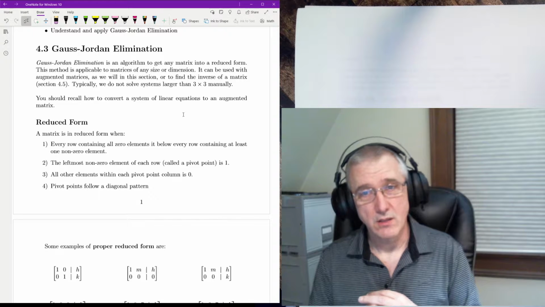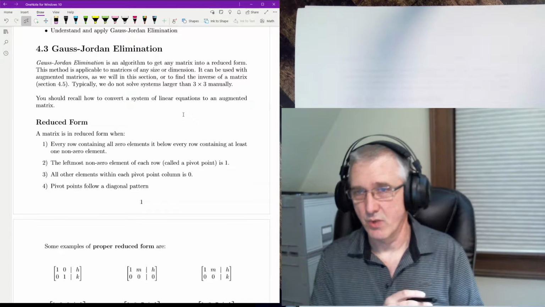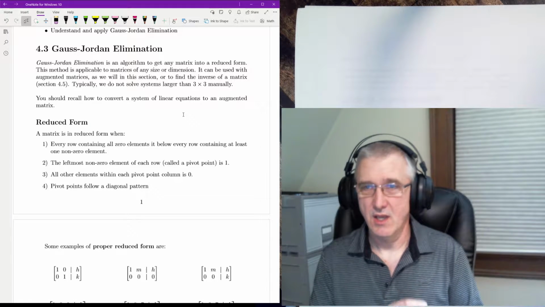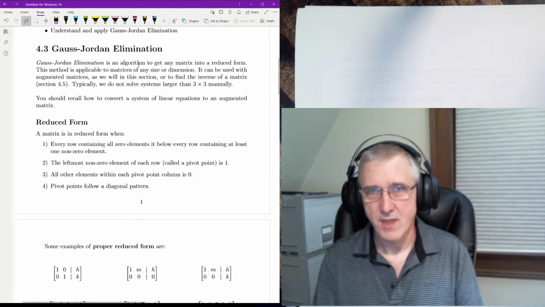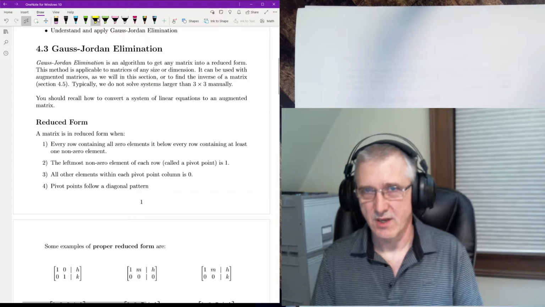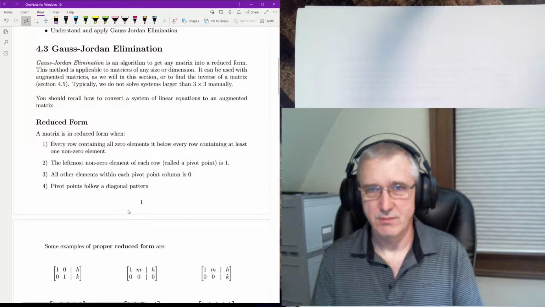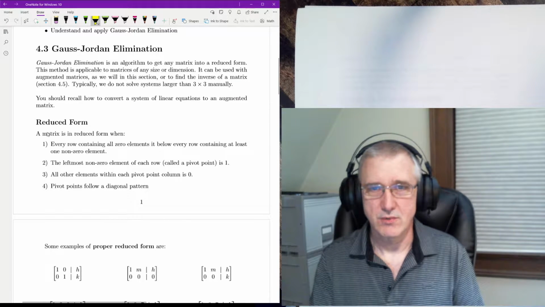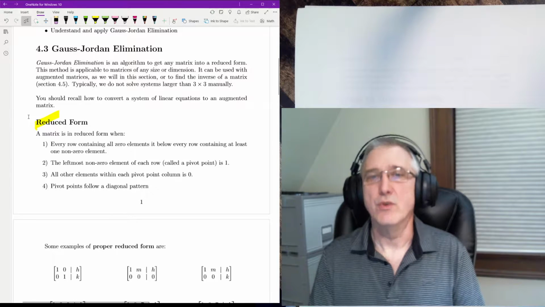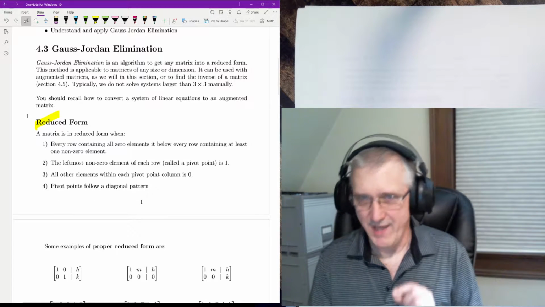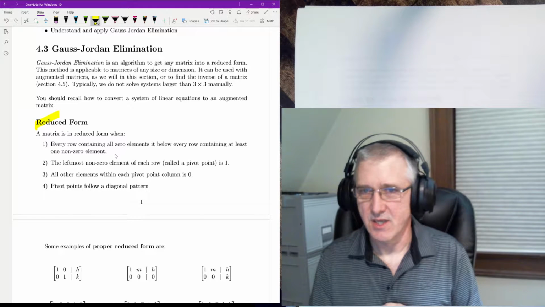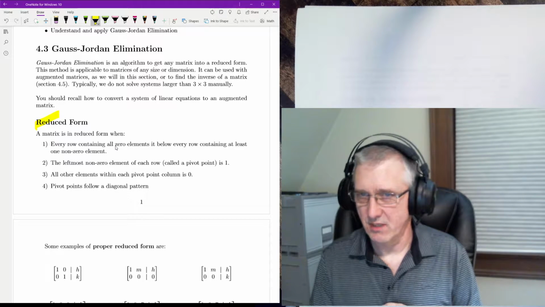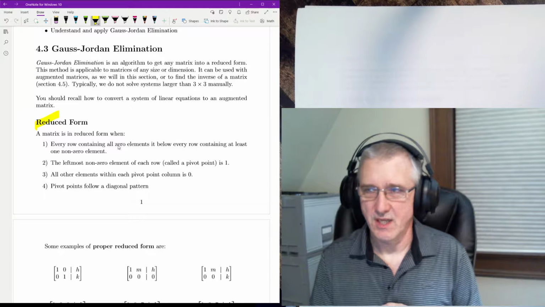We should recall how to convert a system of linear equations to an augmented matrix. Now, we're going to talk a little bit about reduced form. Reduced form is our goal and objective. Reduced form is when, one, every row containing all 0 elements is below every row containing at least one non-zero element.